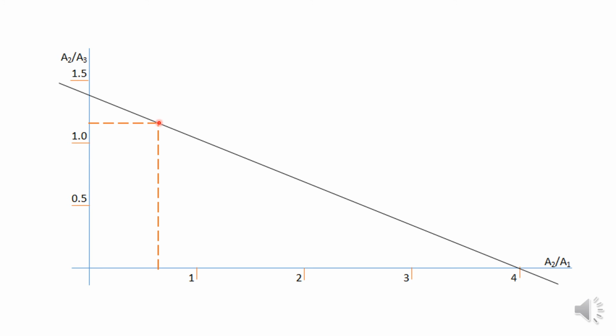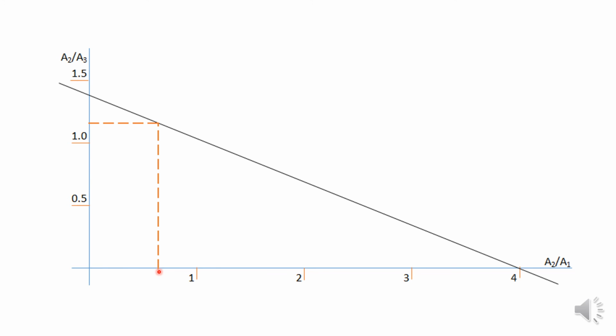So a point like this on the diagram would be okay for us. So the A3 here is smaller. And this is okay also for the A2 over A1 to be a little less than 1.